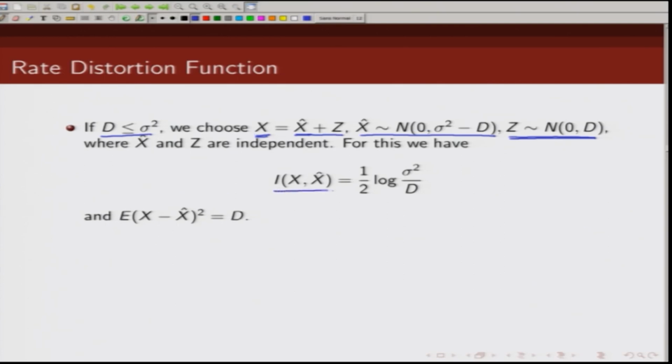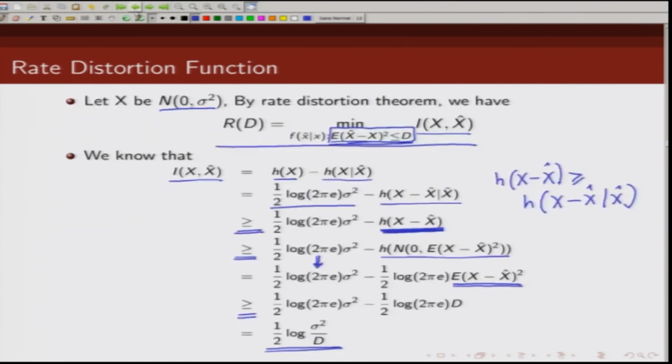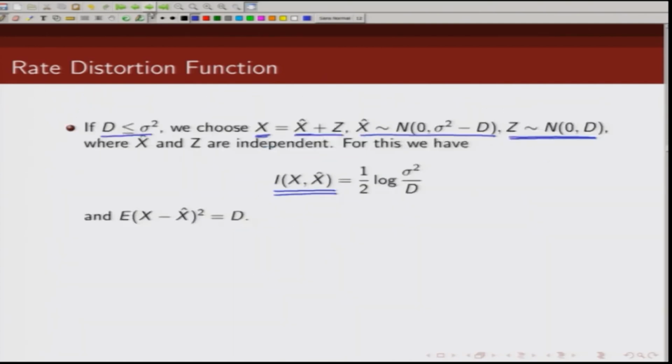So, what is the mutual information between x and x hat? This is given by the differential entropy of x minus the differential entropy of x given x hat. Now, x is Gaussian distributed, x given x hat is also Gaussian distributed, and we can compute this mutual information.